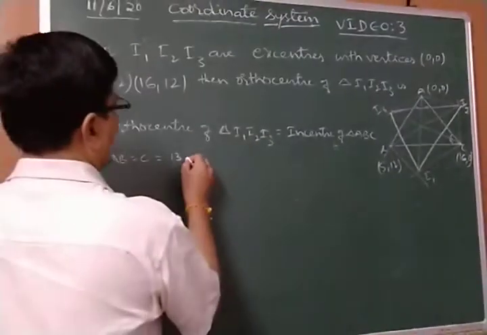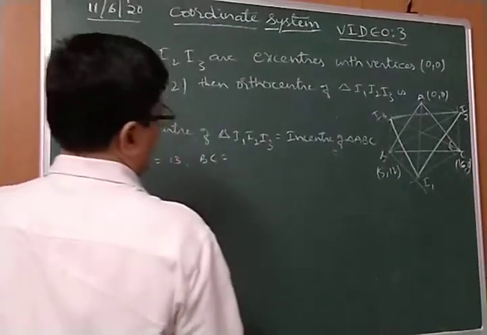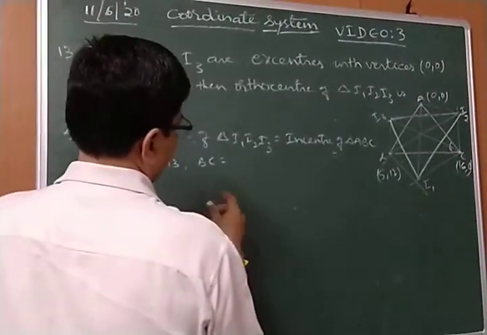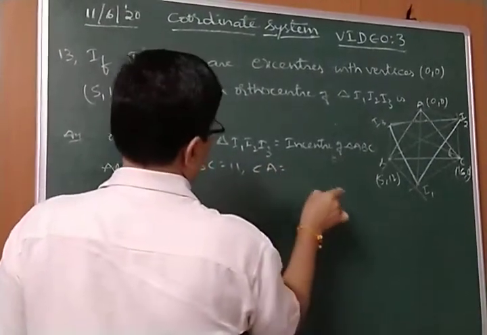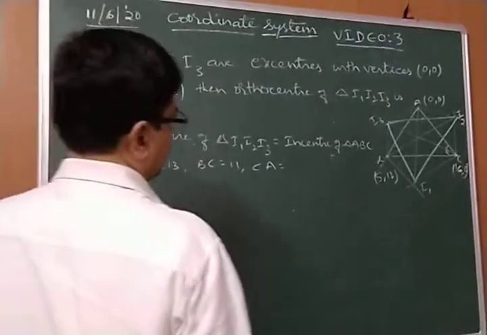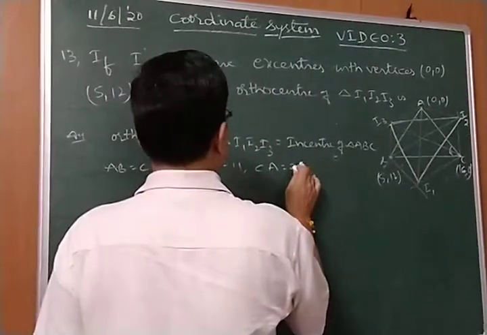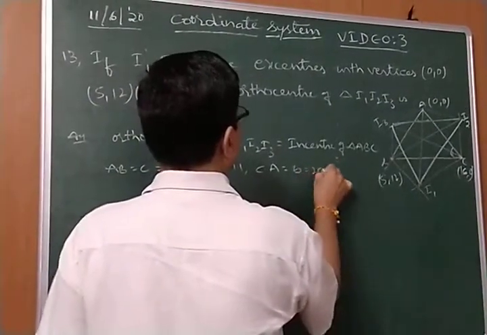So c is equal to 13, and BC is equal to the root of 121, that means 11. CA is equal to the root of 256 plus 144, which is 400, that means 20. So CA means small b is equal to 20.